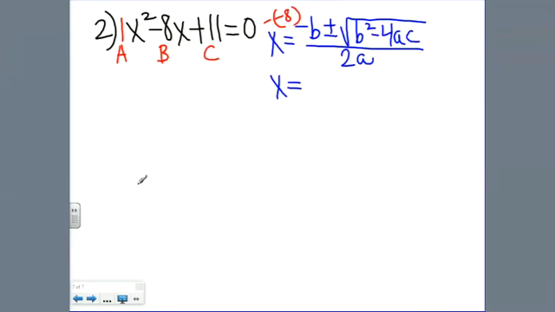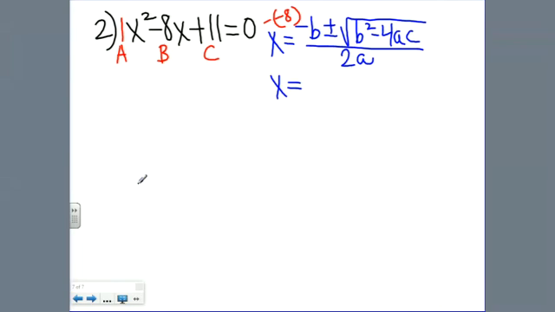Mr. Arnold? Yeah. Is that supposed to be the same problem from before, number 2? Because before had a negative 2 instead of a negative 8. Oh, thank you for catching that.